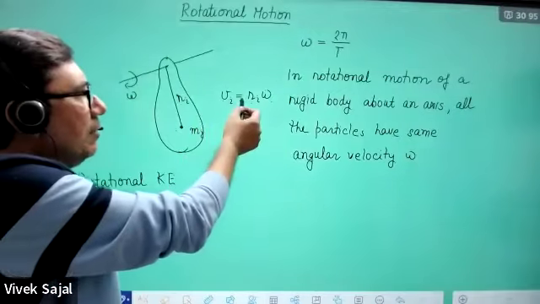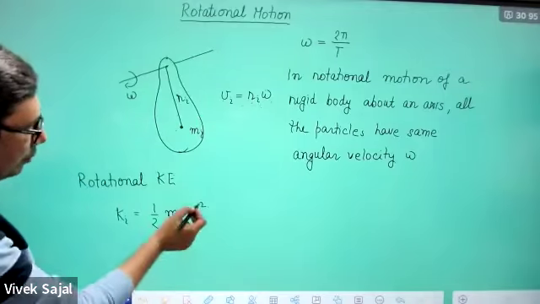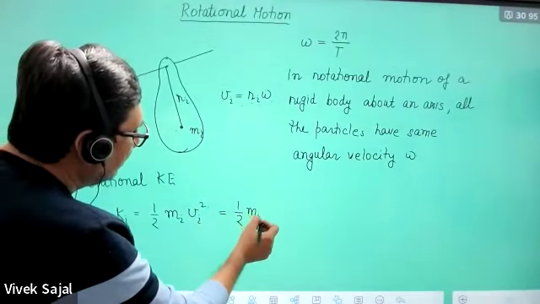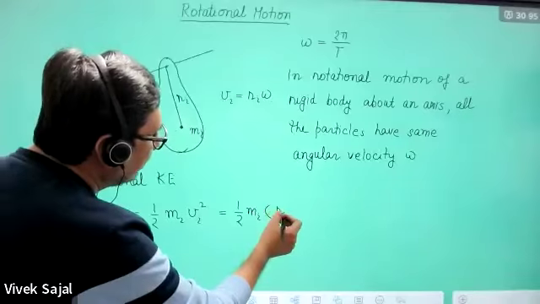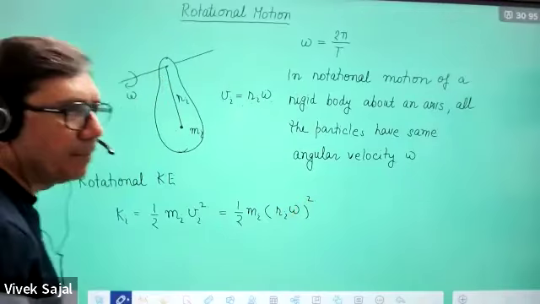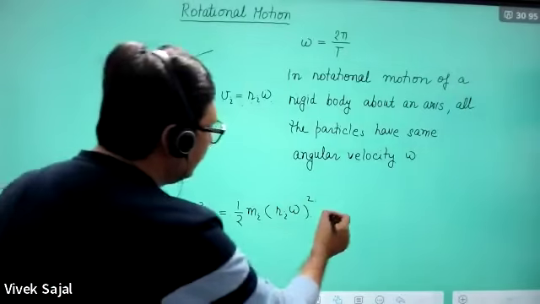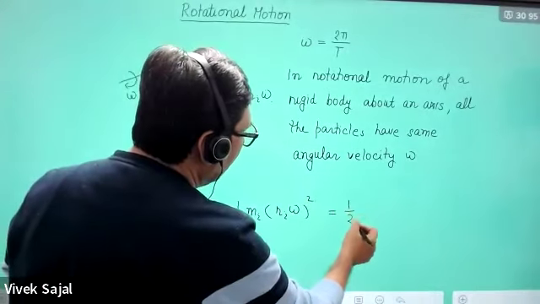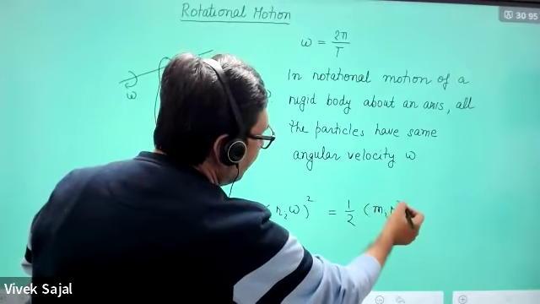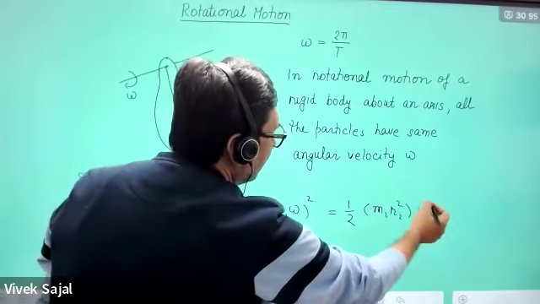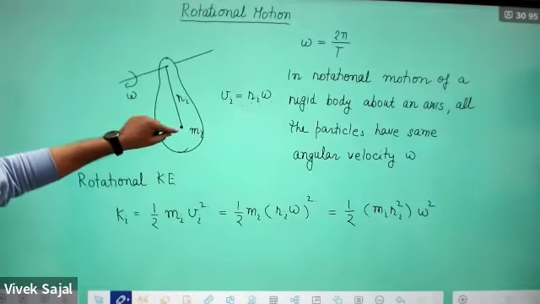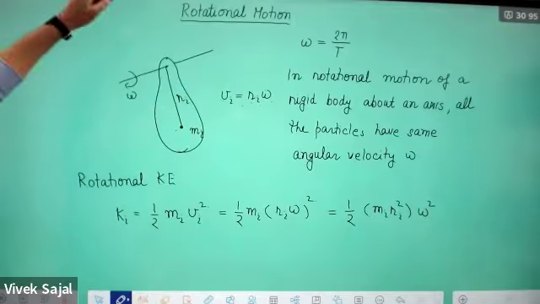So substitute here: 1 by 2 mi, times ri omega, squared. So this is going to be 1 by 2 mi ri squared omega squared. This is the rotational kinetic energy of this particle, because it is rotating about this axis.